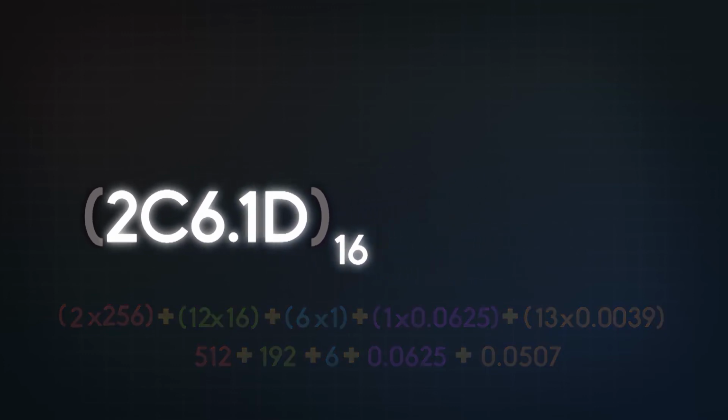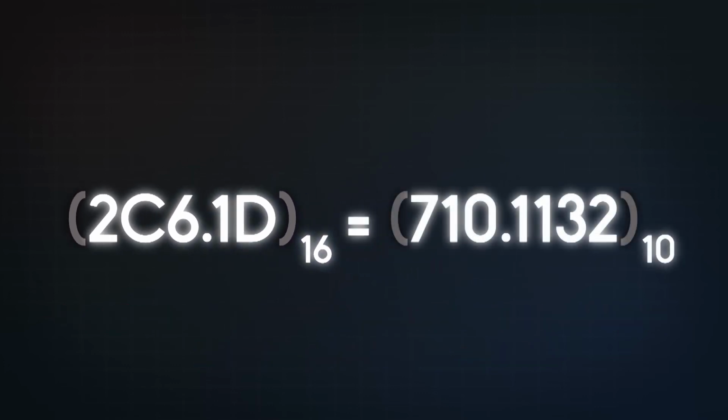And the final result is 710.1132 to the base 10. Hence, we get the decimal equivalent of a hexadecimal number. This method is widely used for converting any number of base r to decimal. We are going to discuss it in the next session.